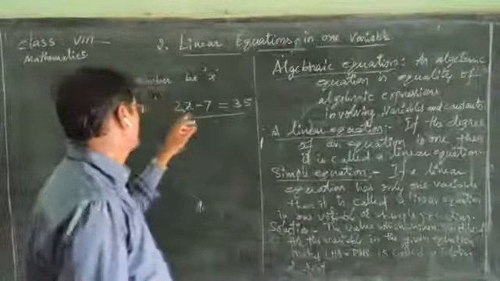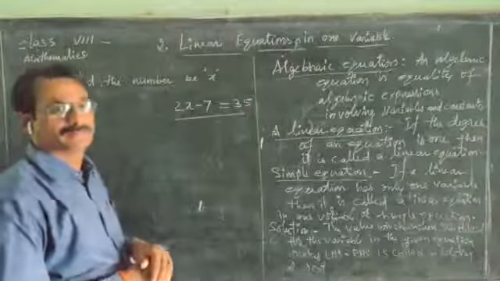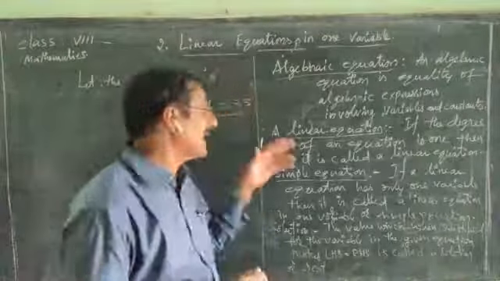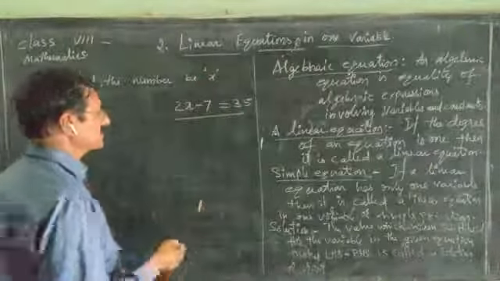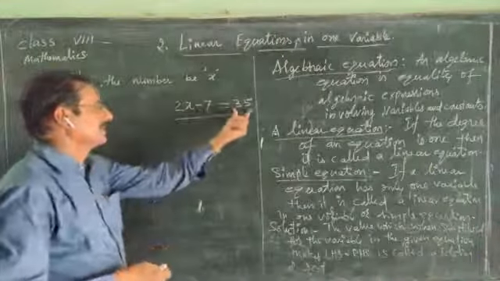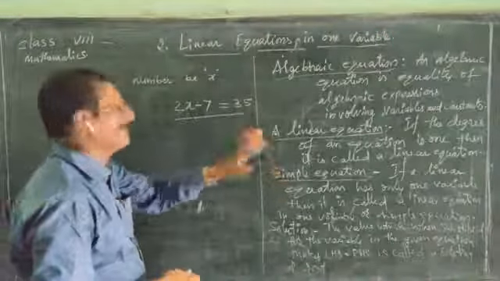Here, we got an equation: 2x minus 7 equal to 35. How to find the value of x here? You see, there are two terms on the left side, one term on the right side. First send minus 7 to that side. It becomes plus 7.